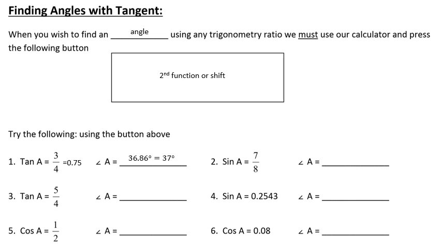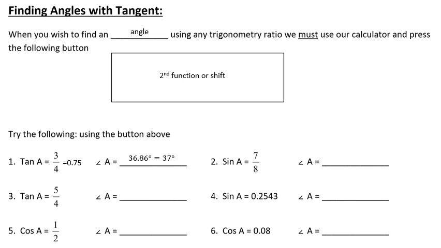It'll give us back 36.86. But because we're looking for an angle now, and usually we don't like to deal with big decimals with angles, we're fine if we round that up to 37 degrees. If you're not sure about putting that in your calculator, if you struggle getting the 37 degrees, let me know and I'll come have a look and help you figure that out.